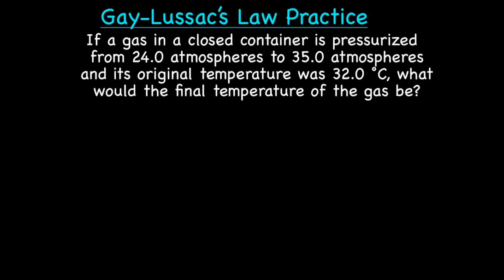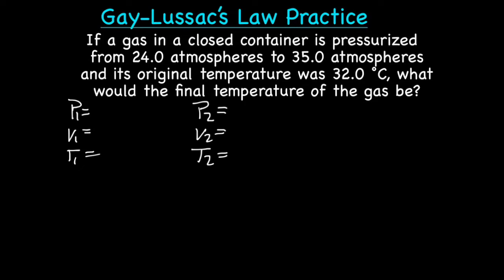All right, let's try a practice problem. Once again, write out your possible variables. We have P1, V1, and T1, P2, V2, and T2. Let's read through the story and see if we can figure out what goes with what.